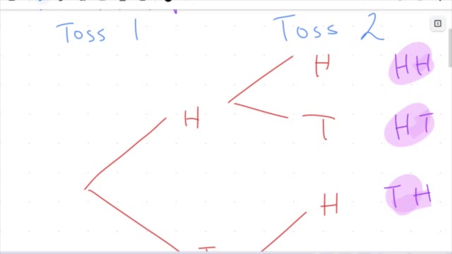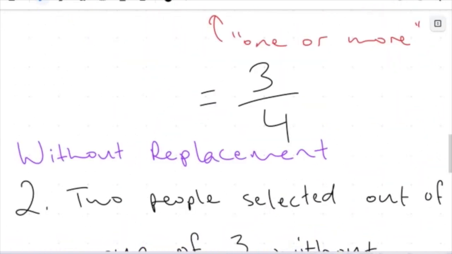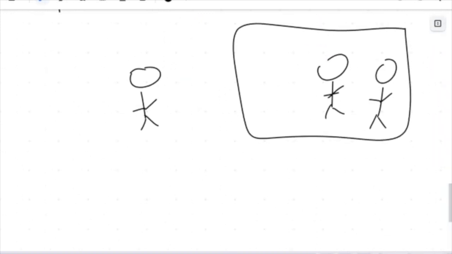We flip a coin, but then we reset it to a clean slate with heads and tails again. So I can choose from one of these two. Once this first one gets selected, it's still up for grabs as an outcome with the second toss. Now down here, once my person has been pulled out, I only have these two people to choose from.